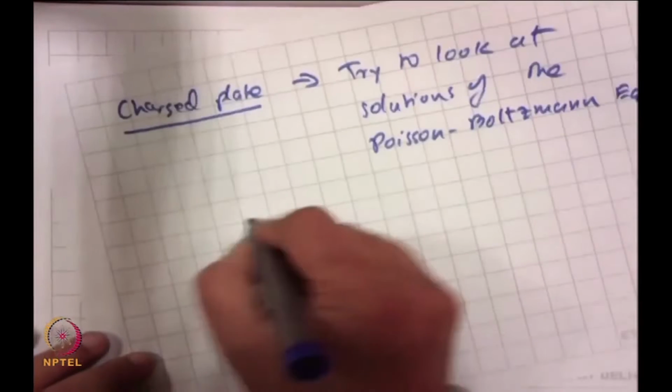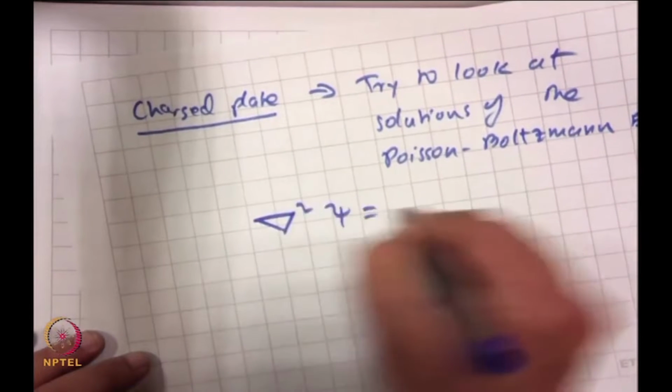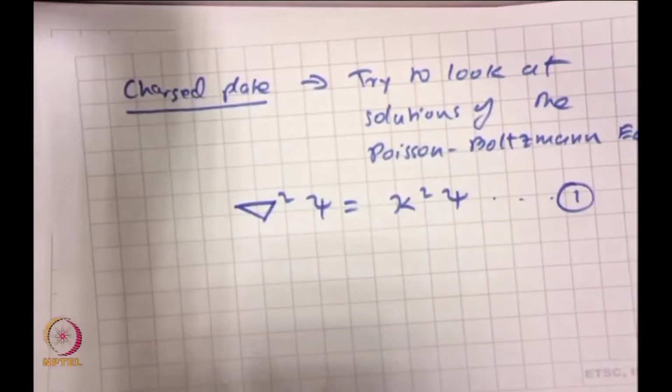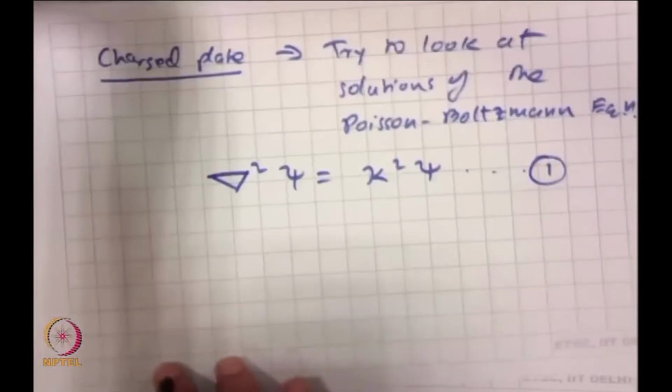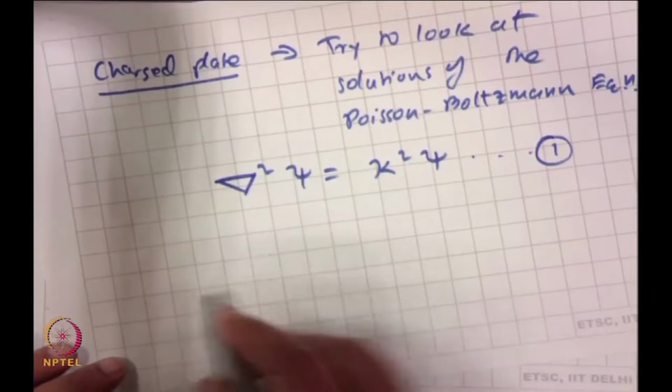Here, again think about the same charged plate, and we are looking at this equation with kappa squared psi. We have to solve this equation essentially. This is the differential equation.